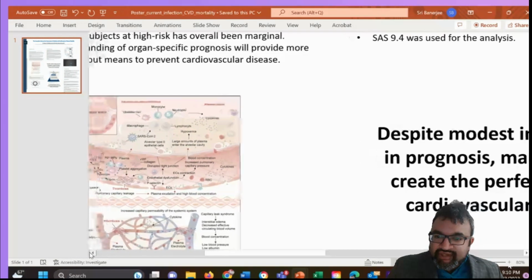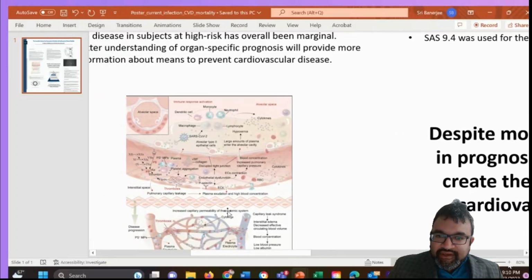So here you can see in this figure how SARS-CoV-2, COVID-19, went even into the blood vessels, the pulmonary capillaries, and disrupted the tight junctions, causing endothelial dysfunction, which is a perfect storm for creating atherosclerotic plaques.